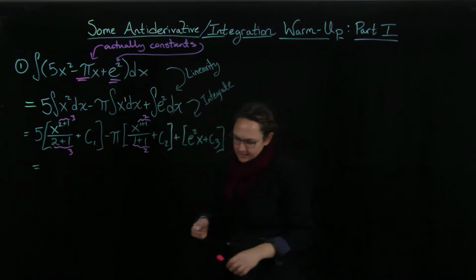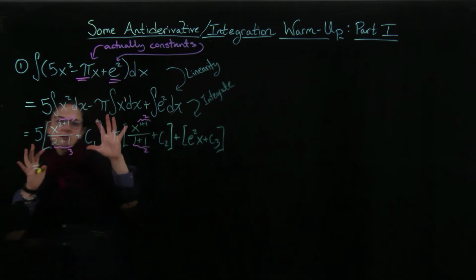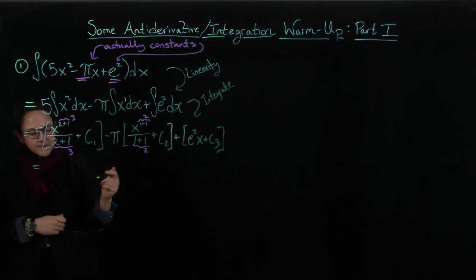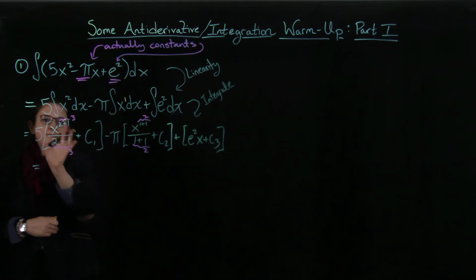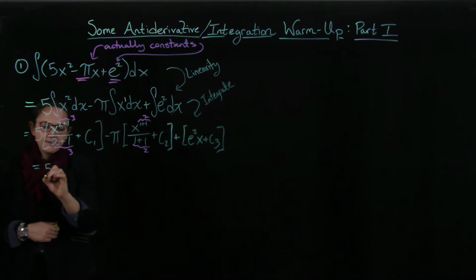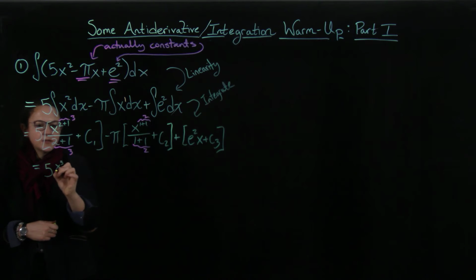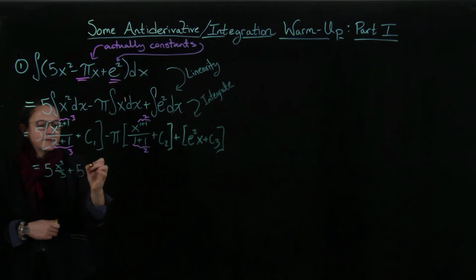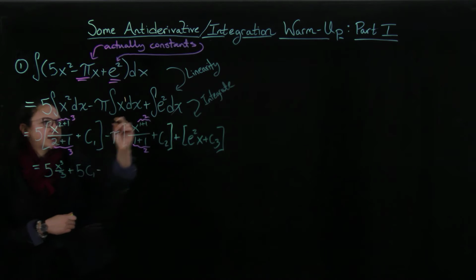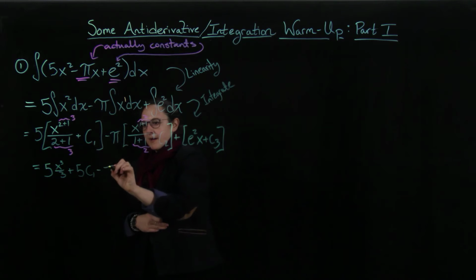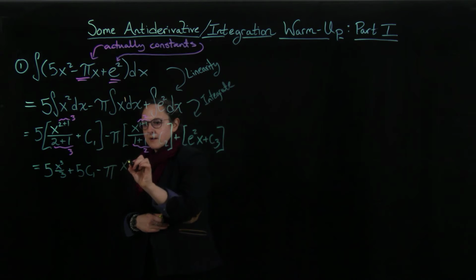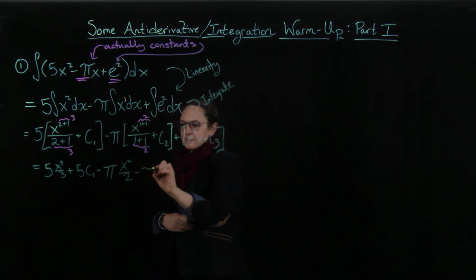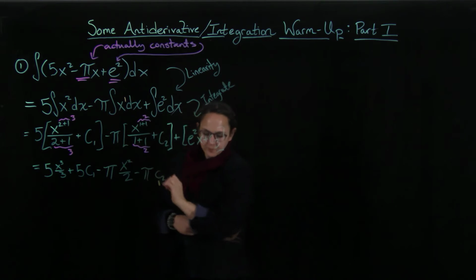Okay, so then in the next one, I'm just going to distribute this out. And so I'm going to get 5 times x cubed over 3, right, from here. So I'm going to get 5 times x cubed over 3 plus 5 times C1, minus pi times x squared over 2, minus pi times C2.